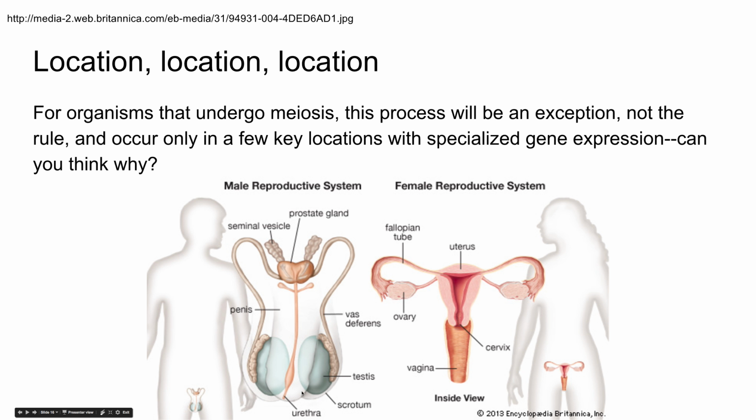But even then, not all cells in the testes turn out to undergo meiosis. Not all the cells in the ovary undergo meiosis. There's actually only certain cells within these two locations that ever undergo meiosis. All the cells everywhere, including ovaries and testes, undergo mitosis. But the meiosis thing is actually very, very restricted.